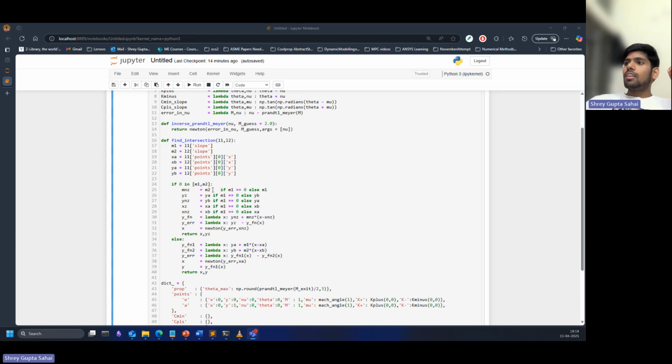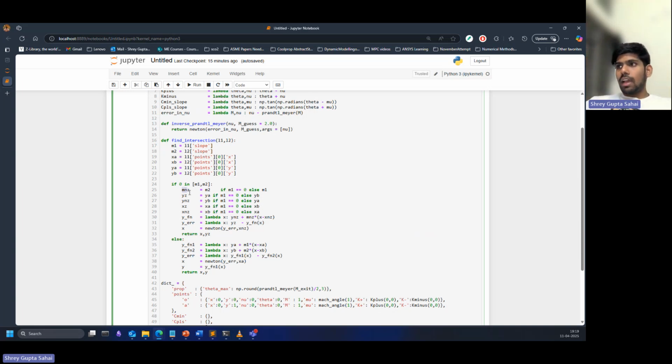So I have considered that if either of the two slopes is zero, then the intersection point will have the y value corresponding to either of the two lines. Both lines pass through certain points. So if either slope is zero, the corresponding y value will be the y value of the intersection also.